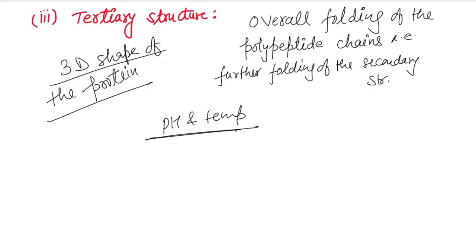And this shape is specific to a given amino acid sequence. That is called the native shape of the protein. Tertiary structure is actually the native shape of the protein.